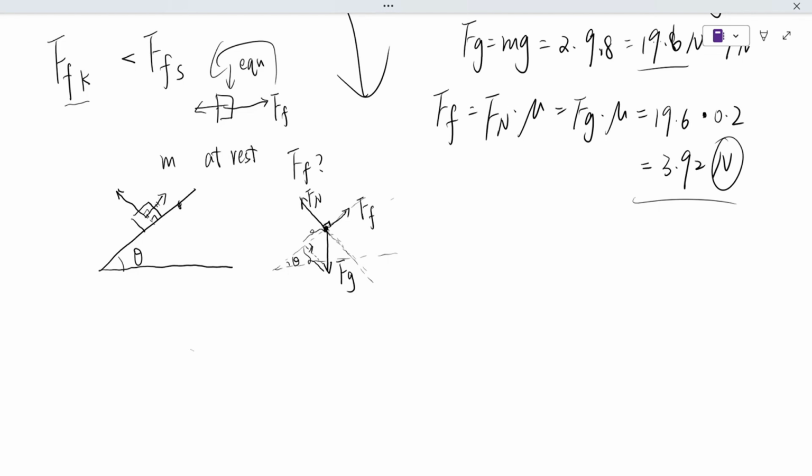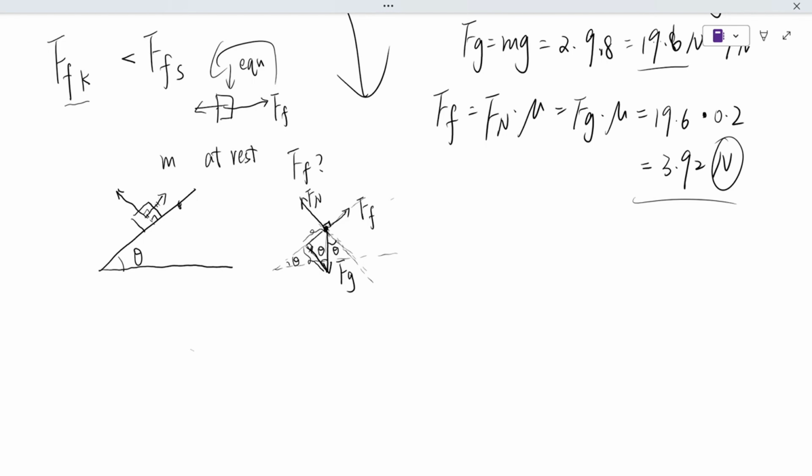I drew it a little bit awkwardly, but yes, this is theta. I want you to just remember this angle will usually be the angle of the slope. I don't want to prove it because it's a little bit complicated, but just remember it. This is one of the components. This is another component, because Fn is parallel to this component, which means this is also theta.